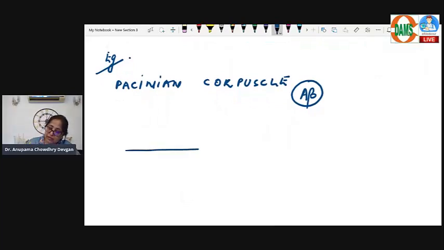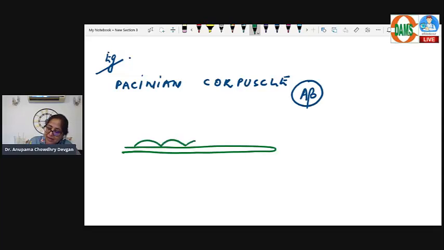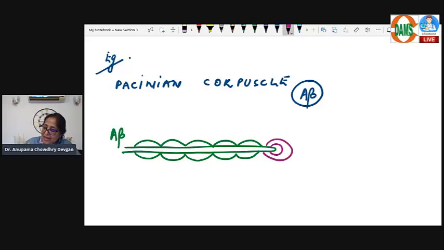If this is the A beta nerve fiber, if you remember, A beta is a myelinated nerve fiber. The tip of this A beta nerve fiber is encapsulated.